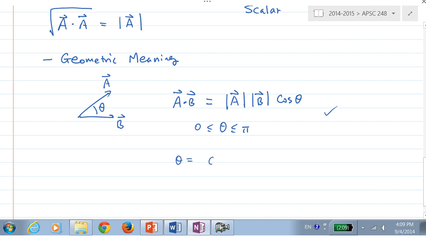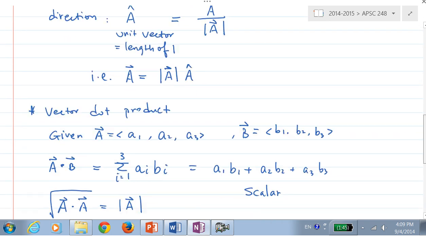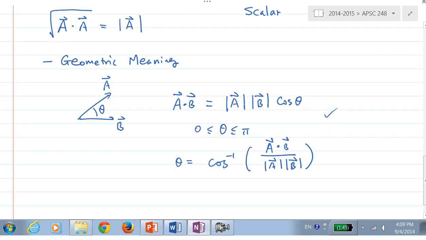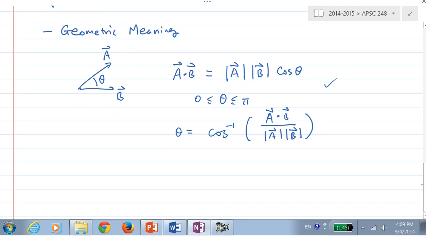Theta equals the arc cosine of A dot B over A's norm and B's norm, so the lengths. A dot B can be calculated using the formula here, and the absolute values of A and B can also be calculated easily. Then take the arc cosine, and you get the theta angle.